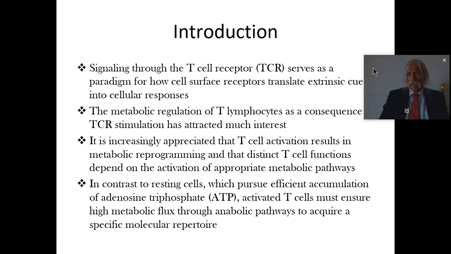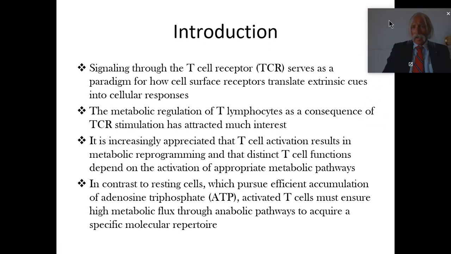Now remember, the TCR, the T cell receptor, is invoked by a recombination mechanism in those T lymphocytes, right? What that means is the T cell receptor is going to have multiple potential recombination products.